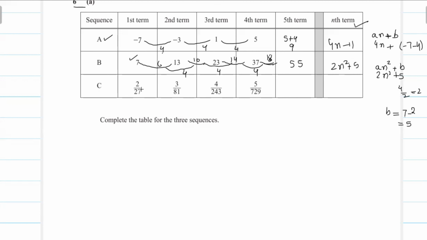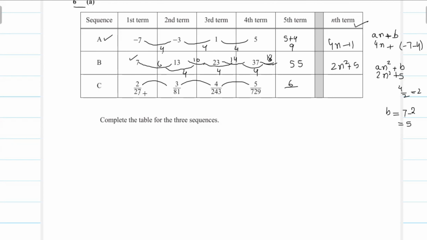You see here the sequence in fraction. Here, firstly you will write the value of the numerator. You see here the numerator you can get if you add 1 to each term. Therefore, the fifth term you get 6. And next you see here the denominator, it is the power of 3.